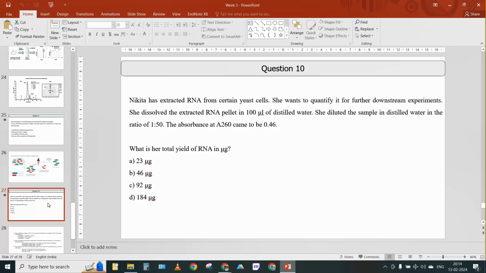Anyone would like to answer? This is a simple calculation. Just a simple calculation. Siddharth. Yes, sir, just looking for it.